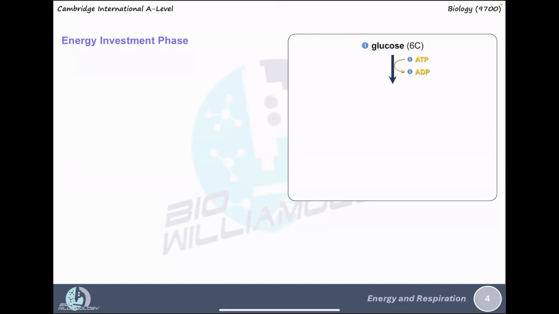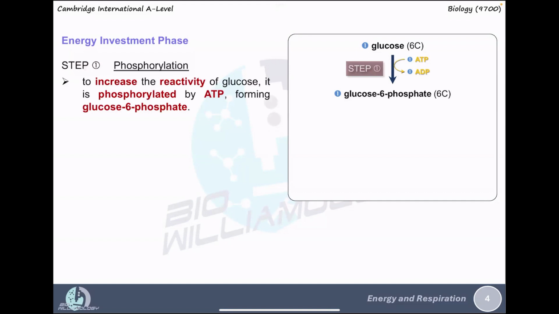At first, ATP phosphorylates the glucose molecule to form glucose 6-phosphate. So step 1 is termed phosphorylation, and this is very important to increase the reactivity of glucose.